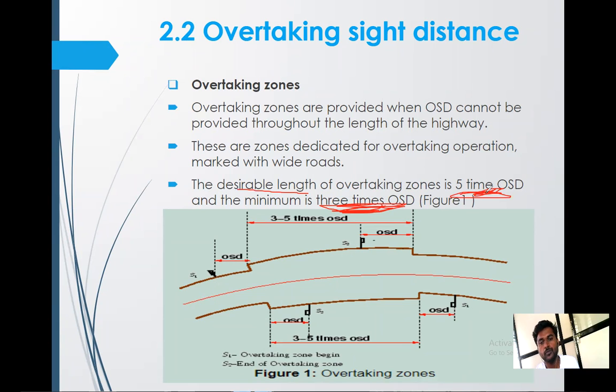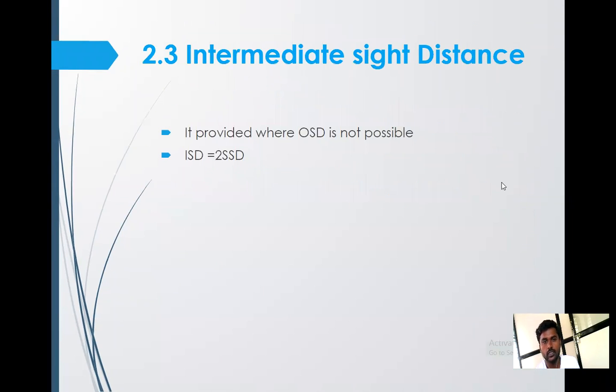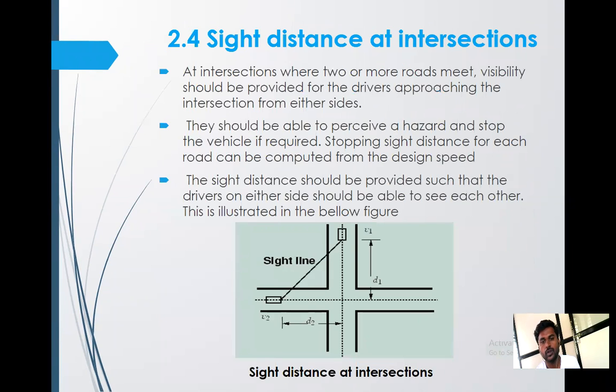Minimum we have to go for 3 times, and if possible, desirable is 5 times the overtaking sight distance. Then we calculate the ISD as 2 into SSD, that is the formula we have taken.